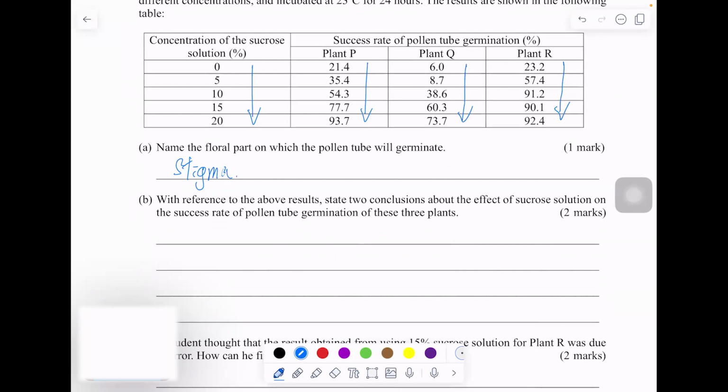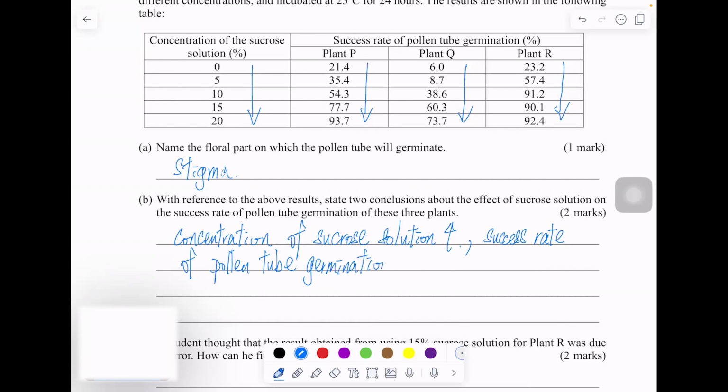So the first conclusion is that as the concentration of the sucrose solution increases, the success rate of pollen tube germination would also increase in these 3 plants, okay?